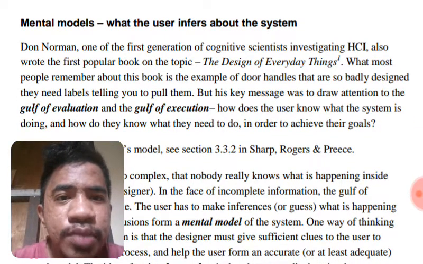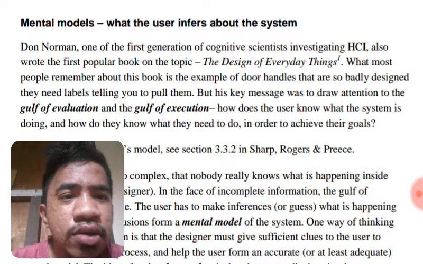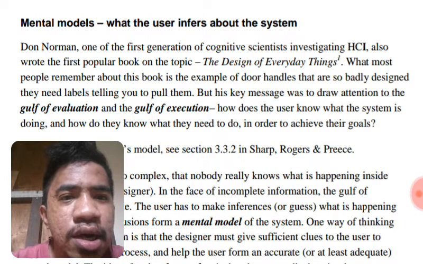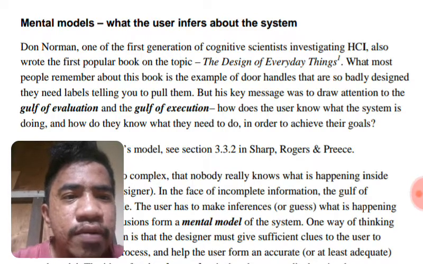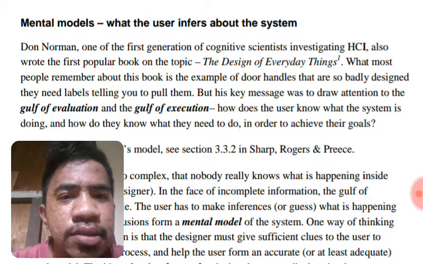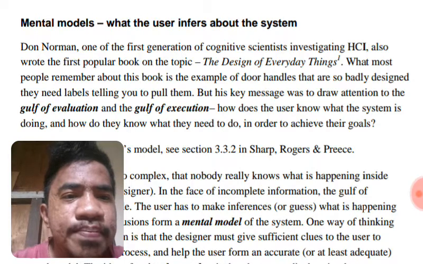Don Norman, one of the first generation of cognitive scientists investigating HCI, also wrote the first popular book on the topic, The Design of Everyday Things. What most people remember about this book is the example of door handles that are so badly designed they need a label telling you to pull them.